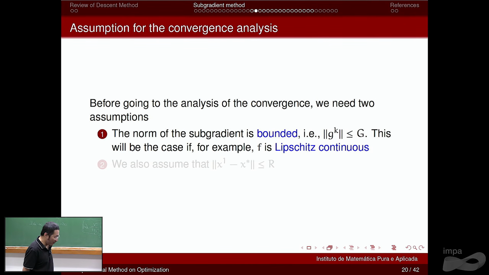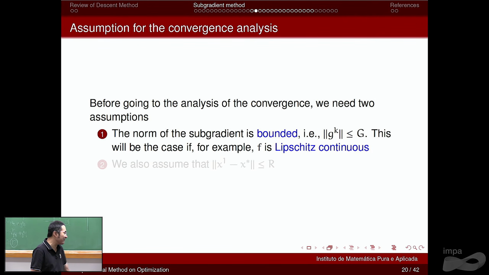Before we do the proof, we need some assumptions. First, we assume that the norm of the subgradient is bounded, which means the norm of gk is less than or equal to capital G. This is not very difficult to satisfy.